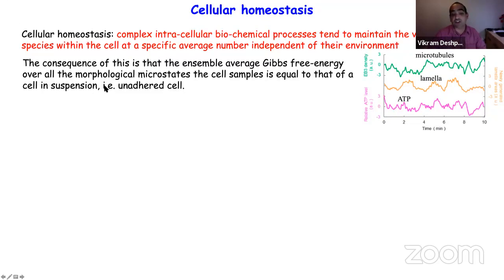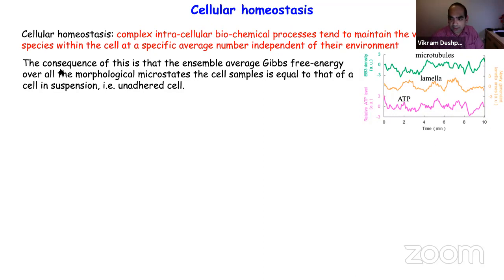That is the cell which is not adhered to a substrate at all. So a cell just lying in suspension. That is a very strong, useful result that you can prove using the Gibbs-Duhem identities and other things like that. And that gives us a constraint against which to maximize the morphological entropy.